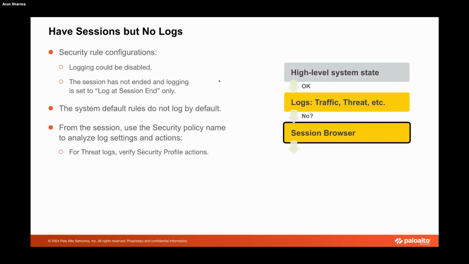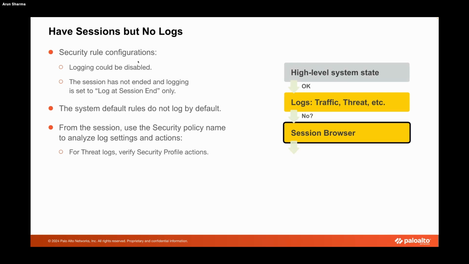Okay, so this is the high level system state. We have seen everything in the monitor logs and we are still not able to figure out what's happening based on the logs and the session browser. We are still clueless about what exactly is happening with the traffic.